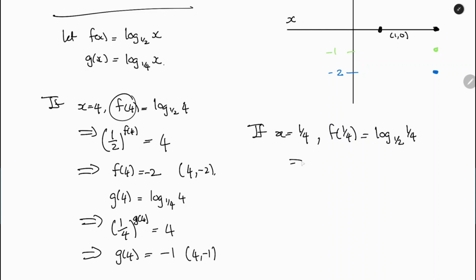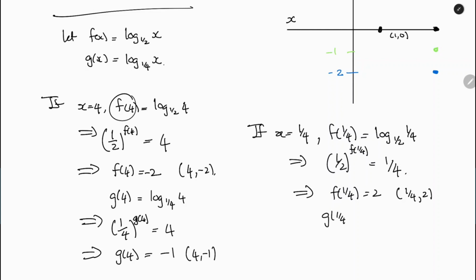So this is going to be a half, which is the base, to the power of this number. f of a quarter is going to equal a quarter, and that must mean that f of a quarter is equal to 2, because if we take a half to the power of 2, we're going to get a quarter, as we wanted. So here we have the point a quarter and 2, and you can do the same thing with g of a quarter. Let's just do it quickly.